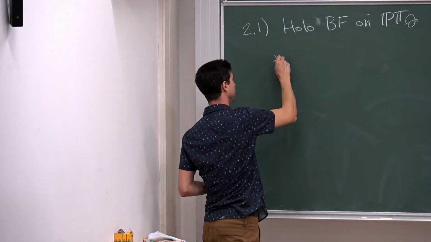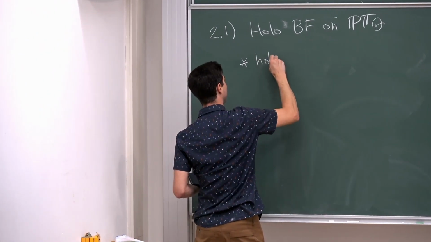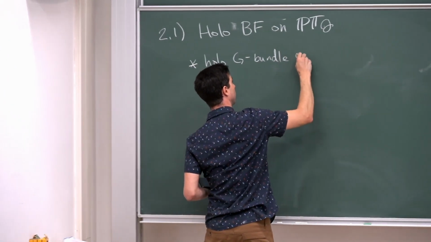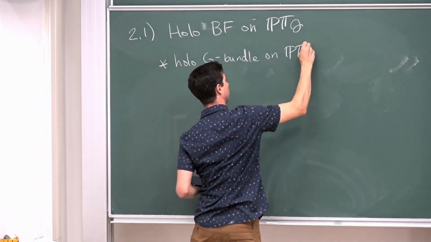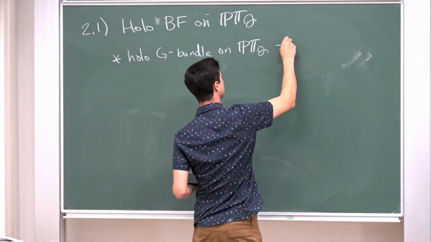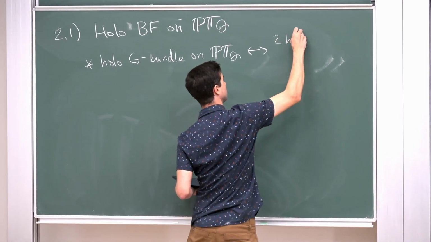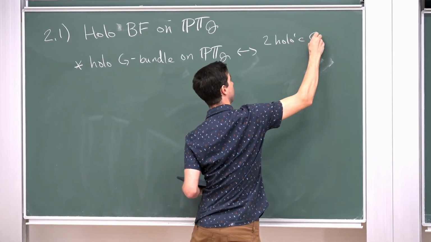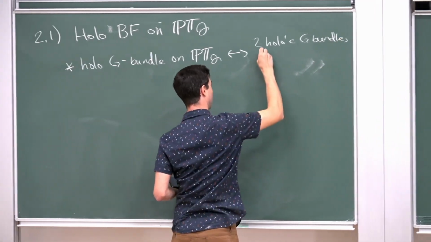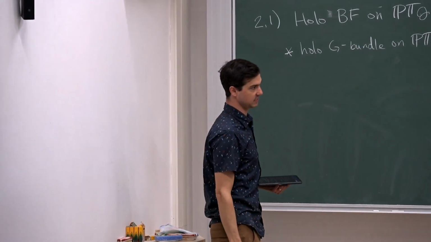So what's a holomorphic G bundle on this twistor space? Well, this is going to be identified with two holomorphic G bundles on twistor space, thought of as the two holomorphic G bundles on PT plus and minus.